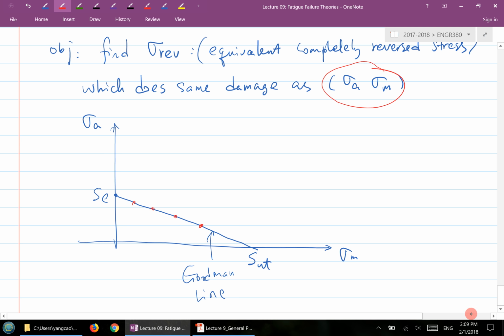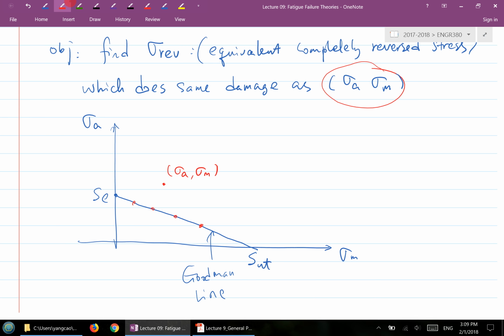So this is the current state of stress. We know it's not going to be an infinite life, so the current state of stress, let's say, is probably here. Here is your sigma A, sigma M. It's outside the boundary, so you have a finite life. I'm going to use a similar logic here.